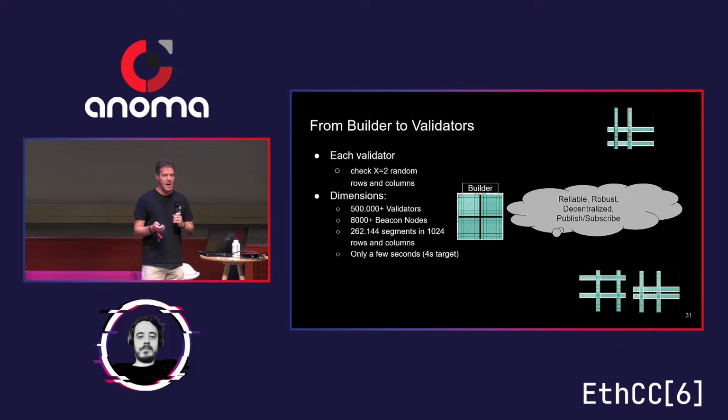Let's say we have, actually now we have more, but we have 500,000 validators. We have something like 8,000 beacon nodes behind which there are these 500,000 validators. We have a large amount of segments. We have many rows. And actually, we have 4 seconds to do all this distribution of data. So how do you do this?